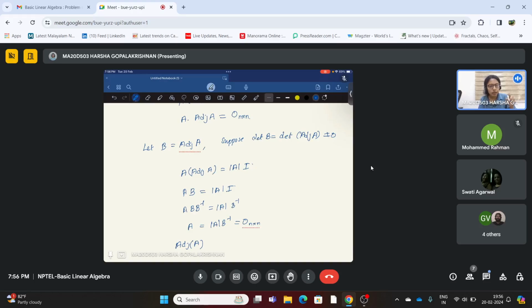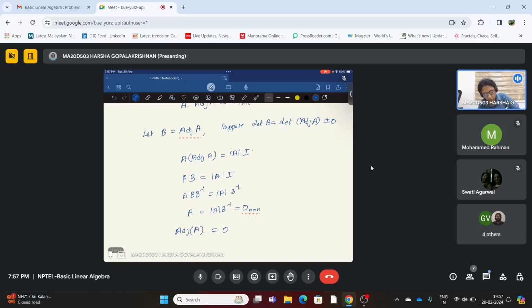We already proved for a zero matrix, what is the adjoint? Zero matrix. For a zero matrix, the adjoint is the zero matrix. Similarly, for the identity matrix, the adjoint is identity. So adjoint is 0.